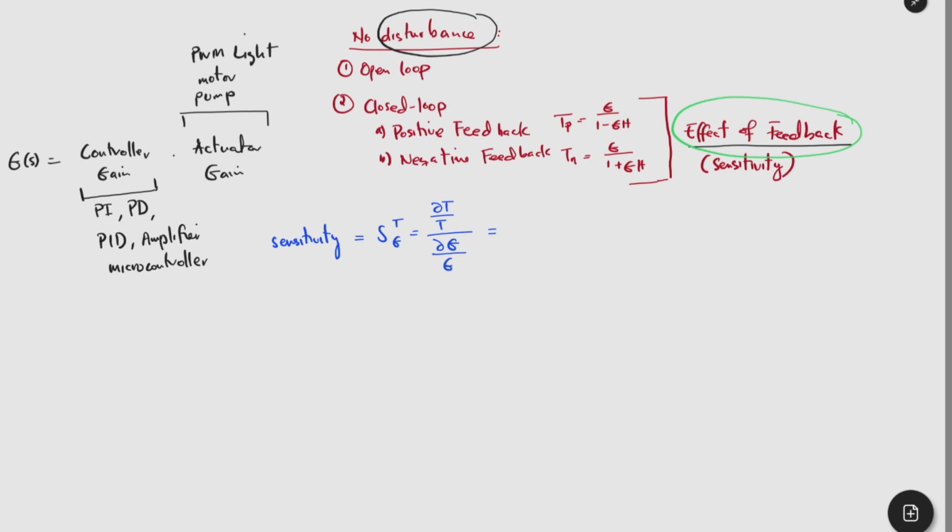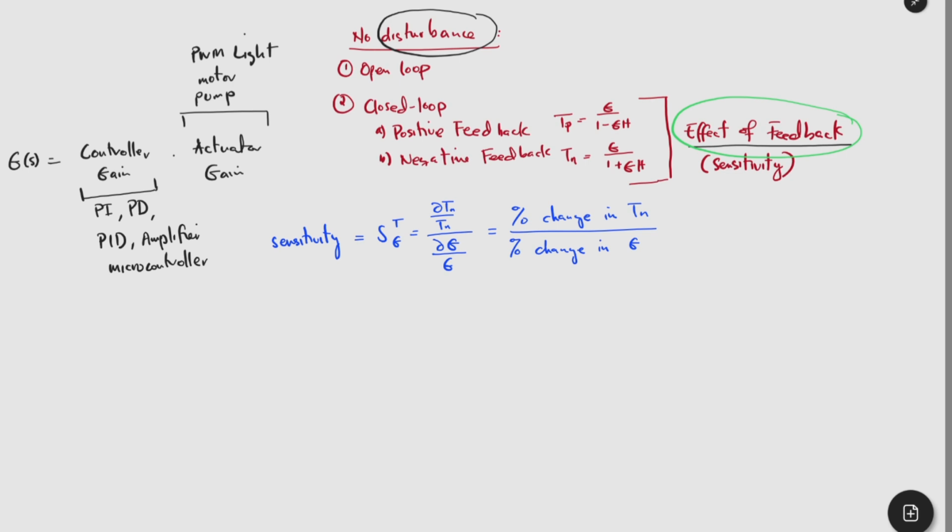And in this case, we have the percentage change in the overall transfer function T(s) over the percentage change in G. That is, the percentage change in the overall transfer function of a negative feedback system, over the percentage change in the overall gain of the open loop.